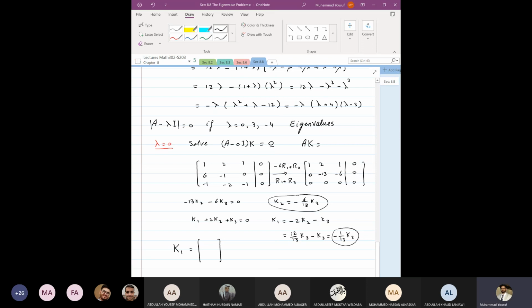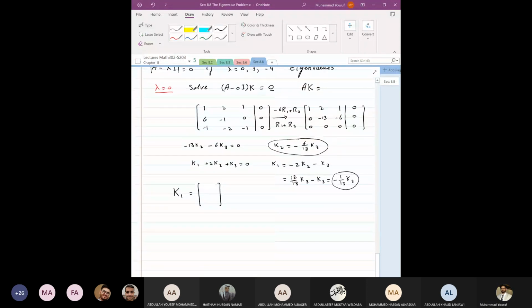Now K2 is in terms of K3. K1 is in terms of K3. Both are in terms of K3. Now choose a value for K3, any value. Say minus 13. Here you are free to choose any number for K3.